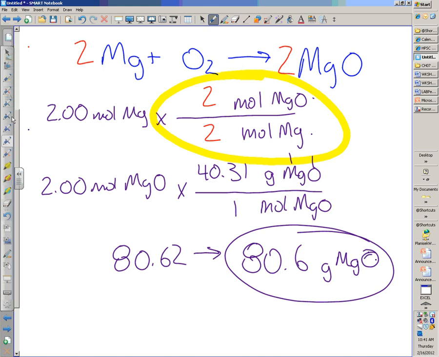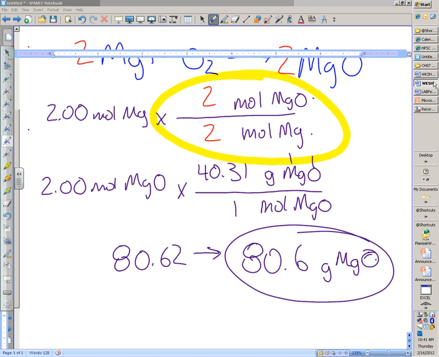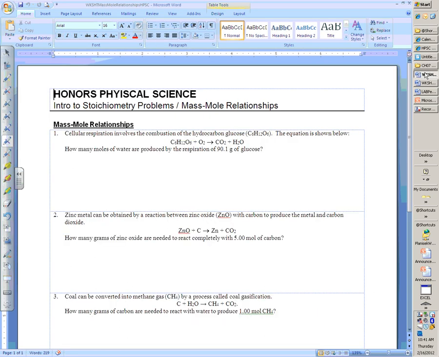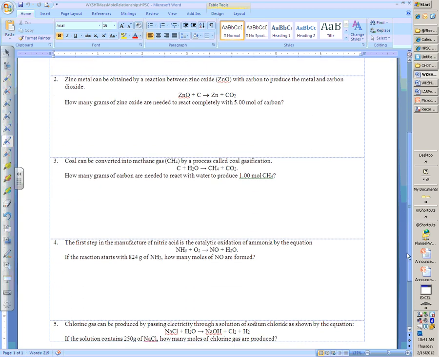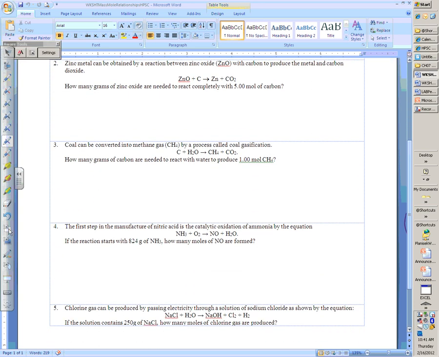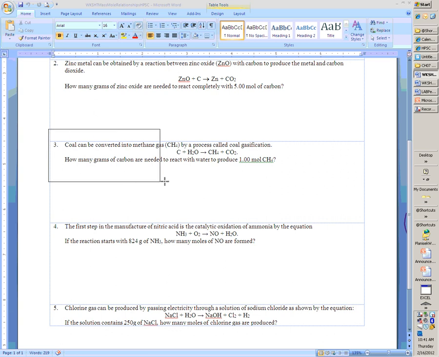All right, let's flip to the worksheet, or the problem set that I gave you today that says mass-mole relationships up at the top. There are 5 of them. Let's take a look first at number 3. Coal gasification.